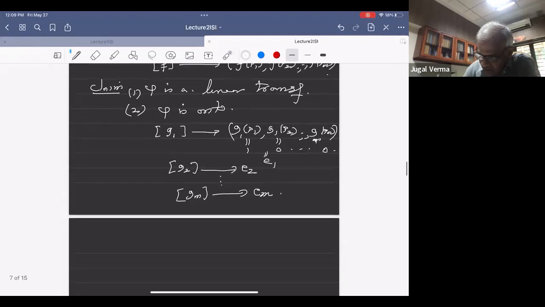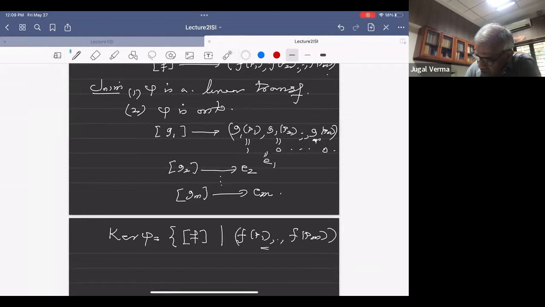Let us calculate the null space, the kernel of phi. The kernel of phi is the set of all residue classes of f so that f(P1), up to f(Pm), is the zero vector.